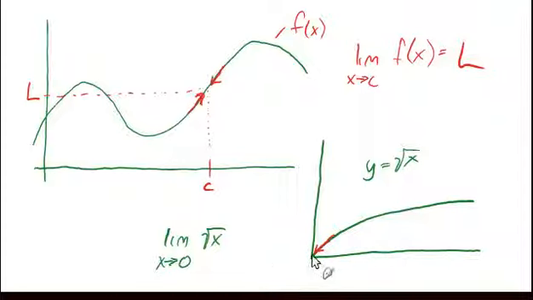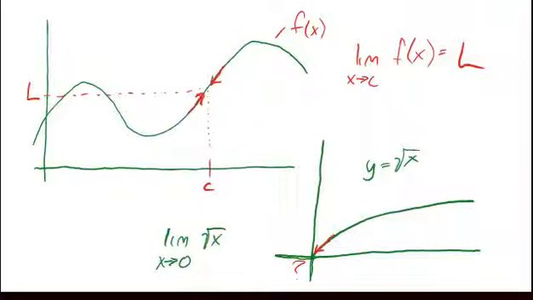This function does not exist for values that are less than 0. So we can't do anything over here. So by the original definition of the limit, we cannot approach from the right and the left. So what do we do about that?